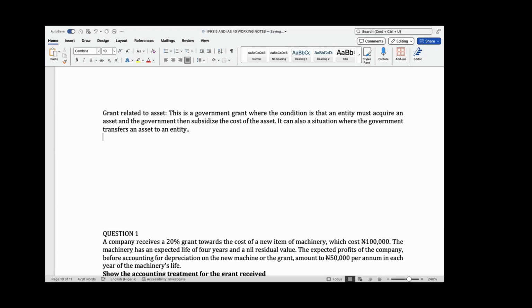So how do you measure it? This is measured in any of the following ways.